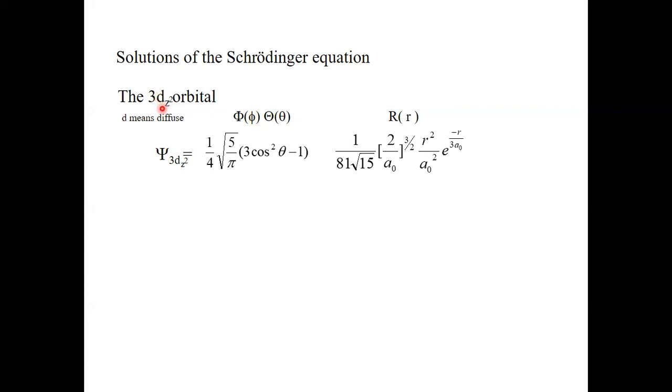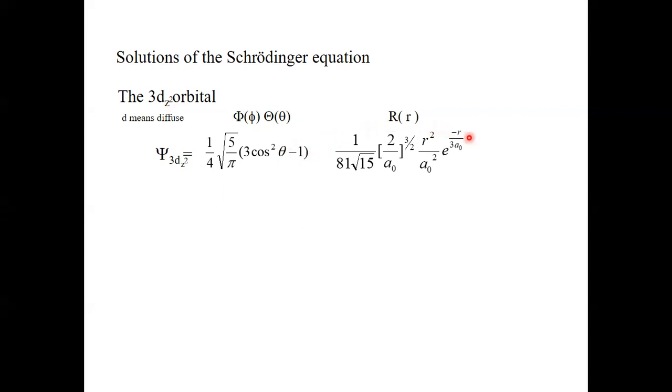The one with m equal to 0 is the 3dz squared orbital. Its mathematical form is shown here. You see here the overall angular part of the wave function. It's a function of the angle theta, so again we would expect a non-spherical orbital.